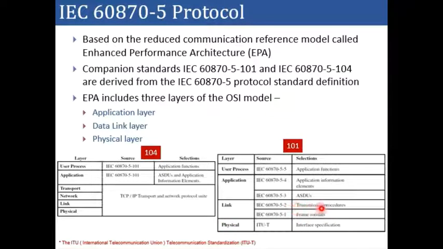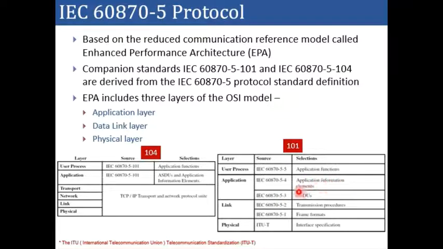Now, the transmission procedures at the link layer level are defined in IEC 60870-5-2. At application level, the ASDUs, that is application service data units, are defined in IEC 60870-5-3.